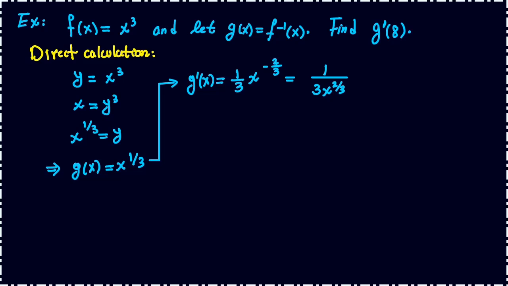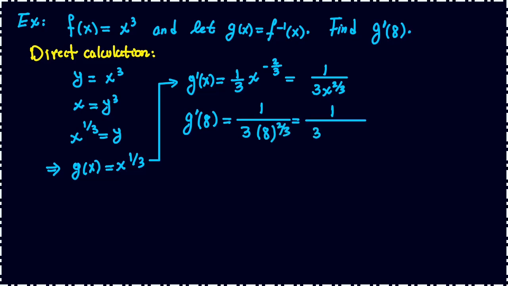And then, since we are asked for g prime of 8, we can plug 8 in. That will give us 1 over 3 times 8 to the power of 2/3.